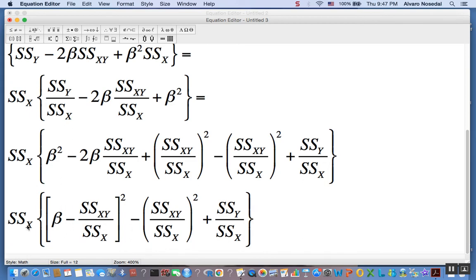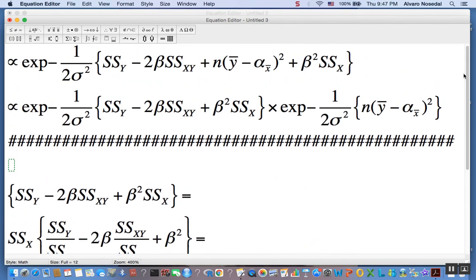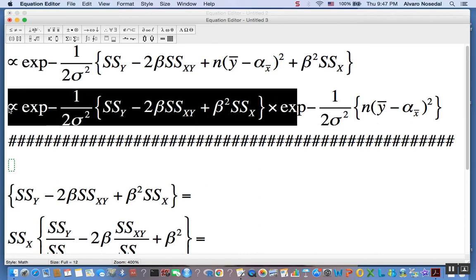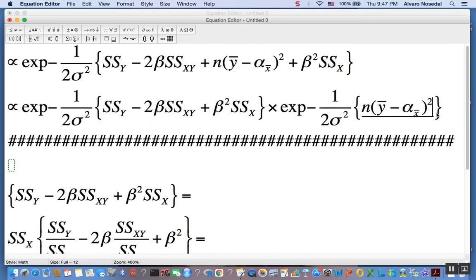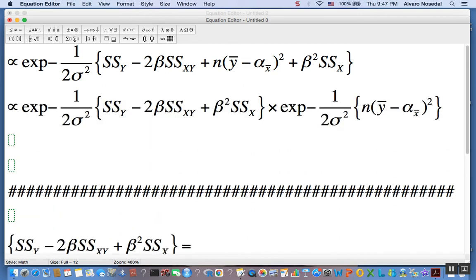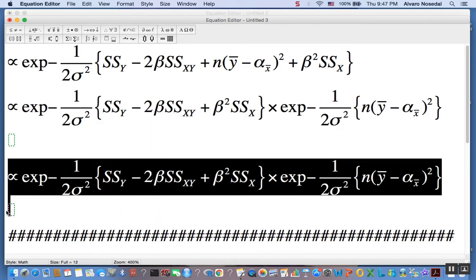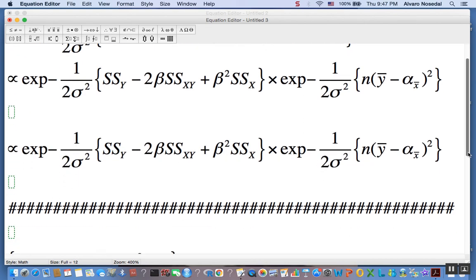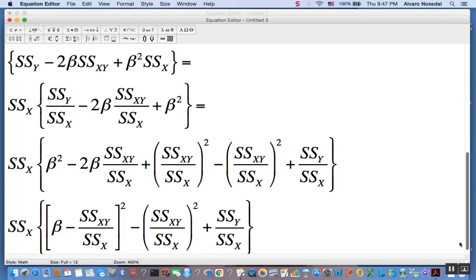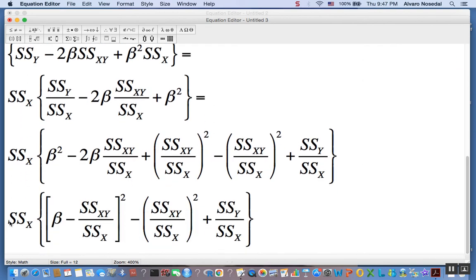So it's going to be the product of 2 exponentials. Okay, so let's do that here. We're almost there, so close. We almost have the likelihood that we want. Okay, so instead of that, now we have this.